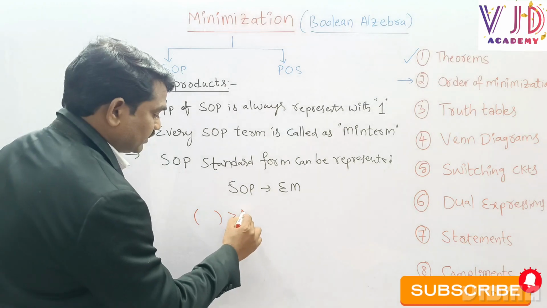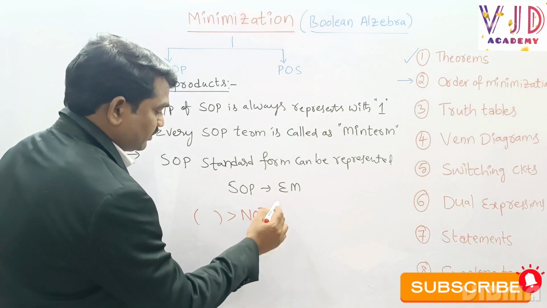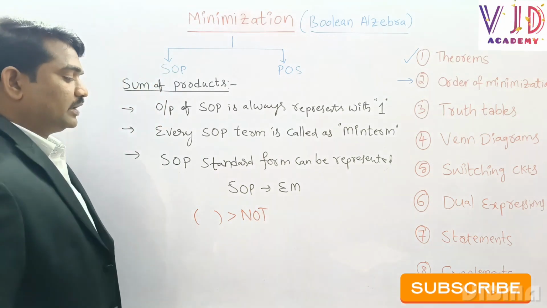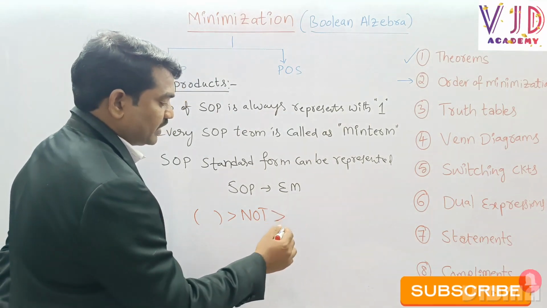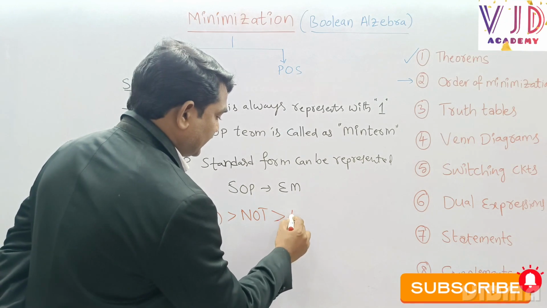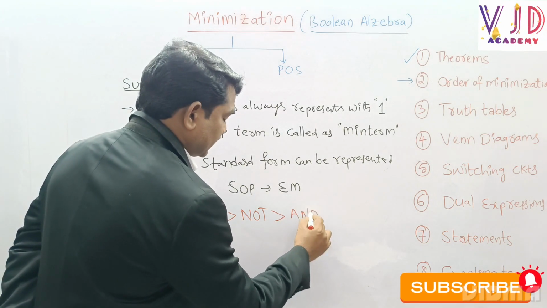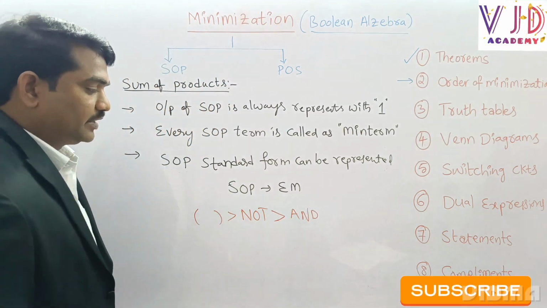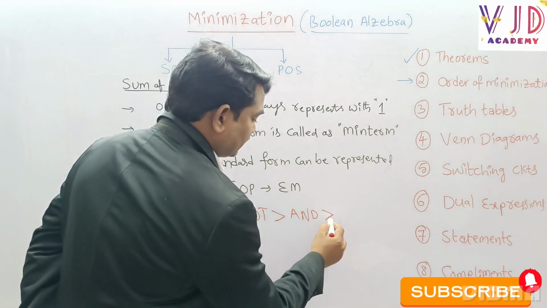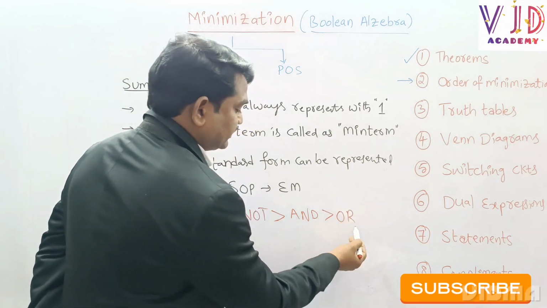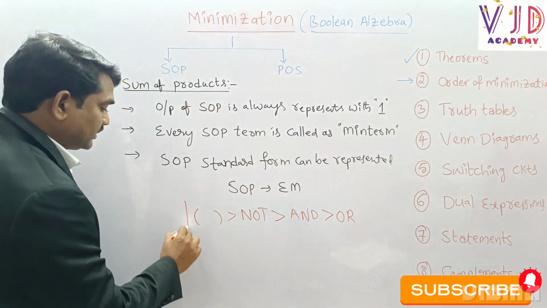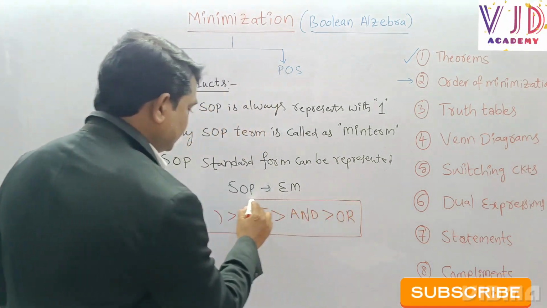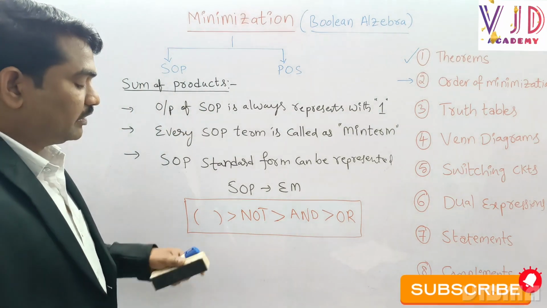NOT gate is our topmost priority after bracket, and then the next priority is AND gate. Finally we take OR gate, which is our last priority. This is the order of priority when we are dealing with any logical expression.